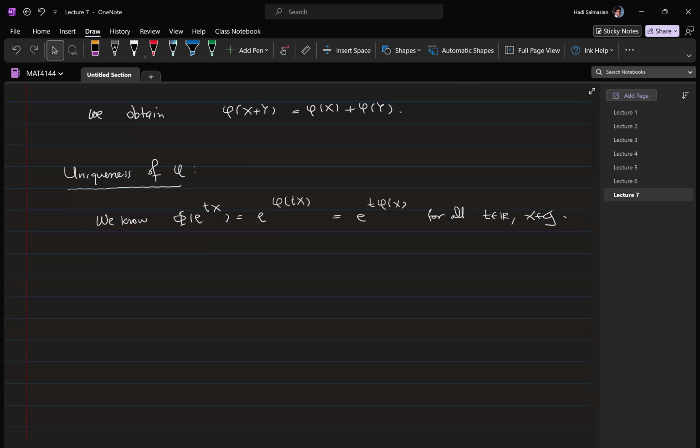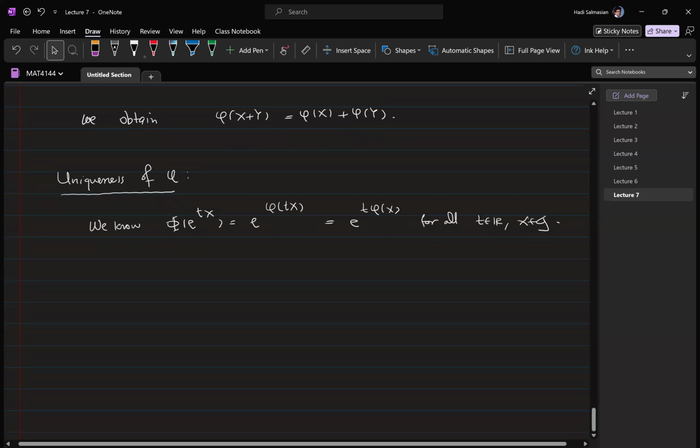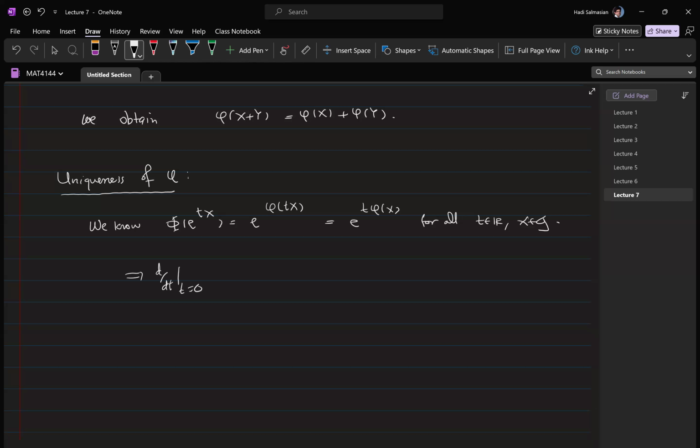Maybe the argument applies still, but I'm a little bit doubtful if my argument was 100% correct. But anyway, suppose we know phi preserves the scalars, then from this, when you compute d/dt at 0, basically then you have phi x.